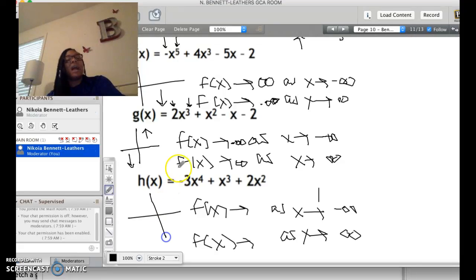The end behaviors are not going to be opposite, I'm sorry. They're going to go the same direction. This is an even degree. So end behavior is going to go the same direction, except because the leading coefficient is negative, they're going to point down. So both sides are going to be going down, which means on both sides of the x-axis, f of x is going to negative infinity.